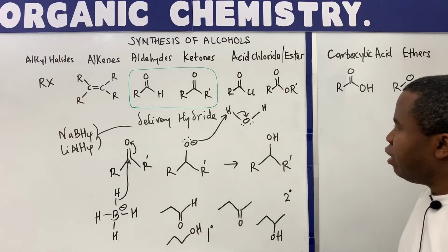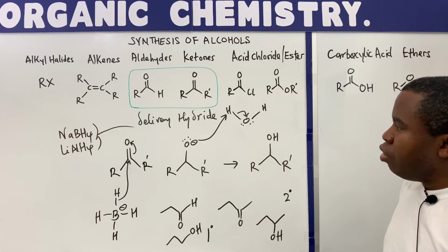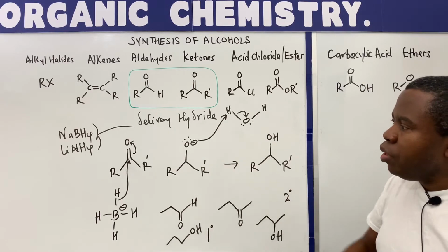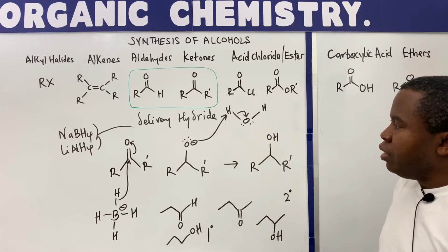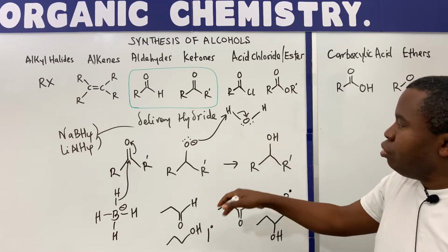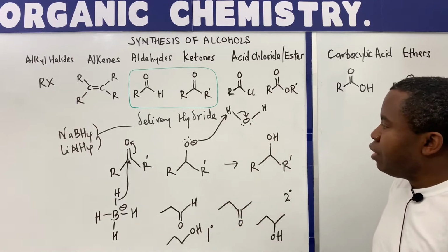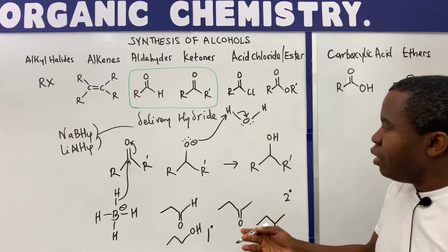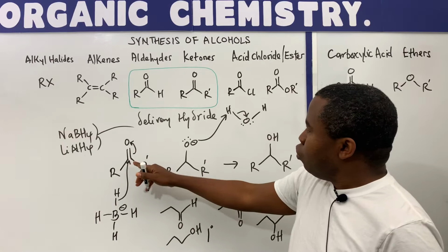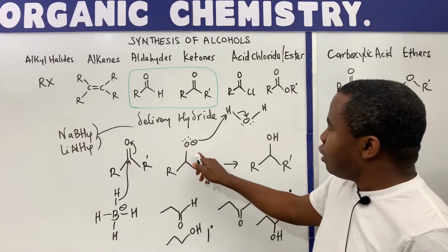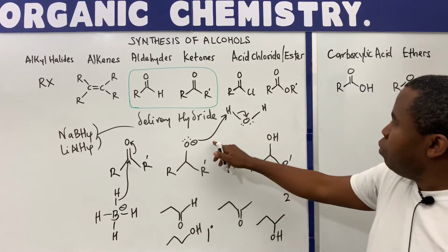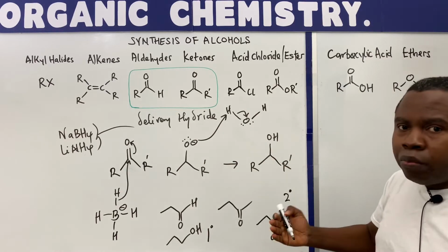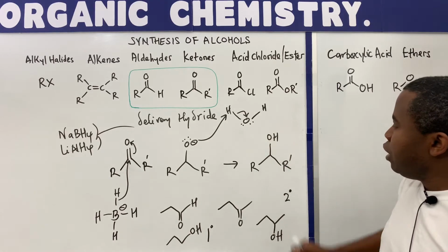So basically, in the reduction of carbonyl compounds using either sodium borohydride or lithium aluminum hydride, we are delivering hydride into the reaction mixture so that the hydride can then do a nucleophilic attack on the carbonyl carbon, which generates the alkoxide, and then this picks up a proton during what we call proton transfer, and then we form the alcohol.